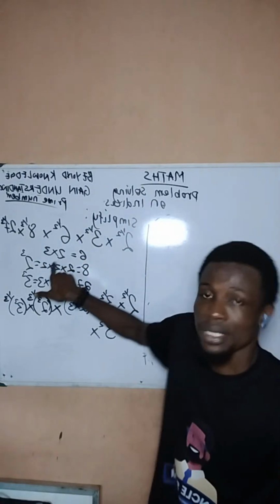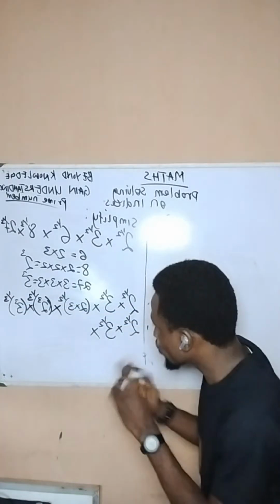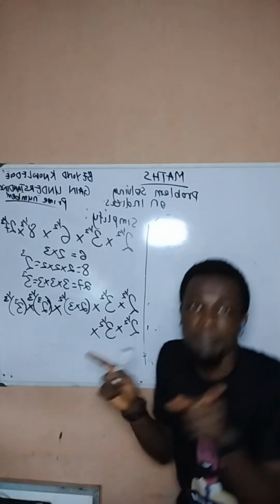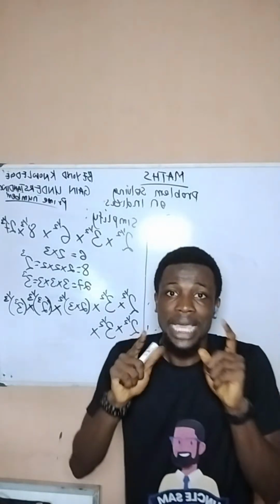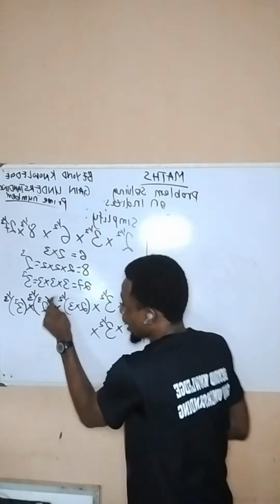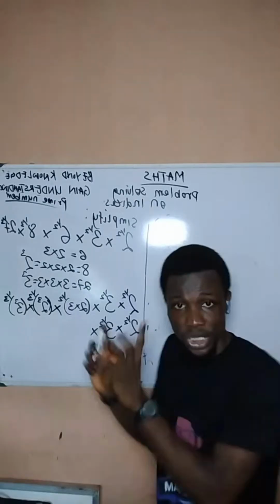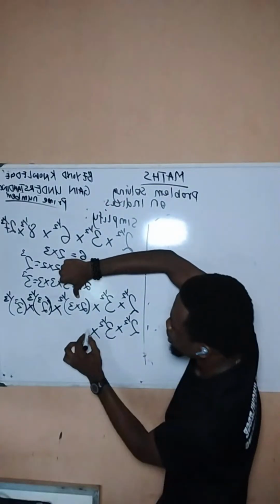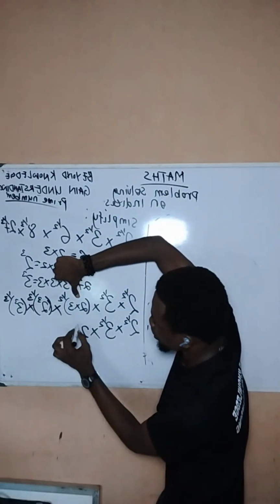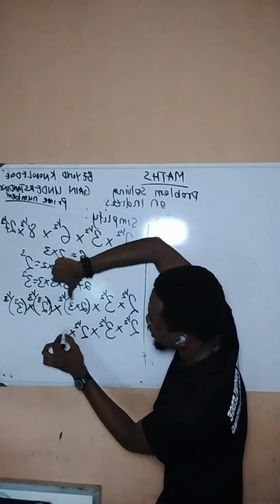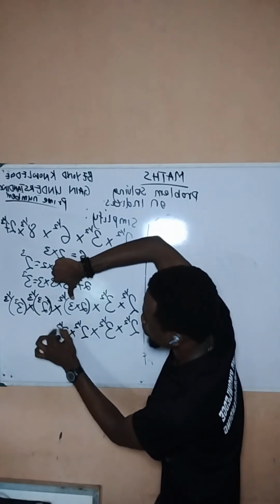I know that 6 is the same thing as 2 times 3. What I'm going to do here is separate each of the numbers and attach the power that 6 originally came with to each of them. So this is going to be 2 raised to the power of 1 over 2 multiplied by 3 raised to the power of 1 over 2.